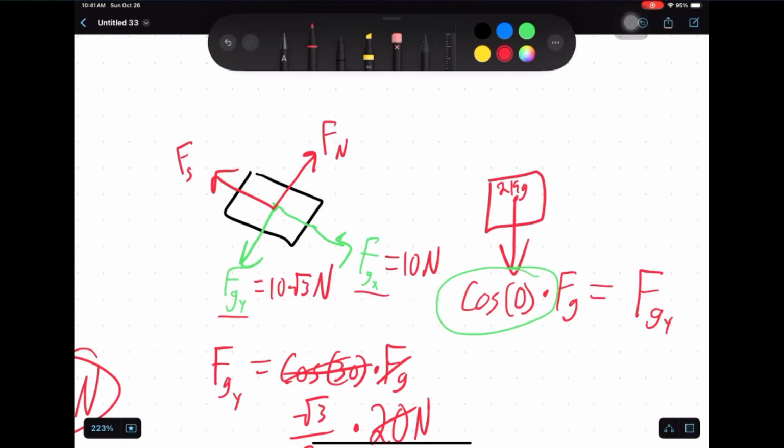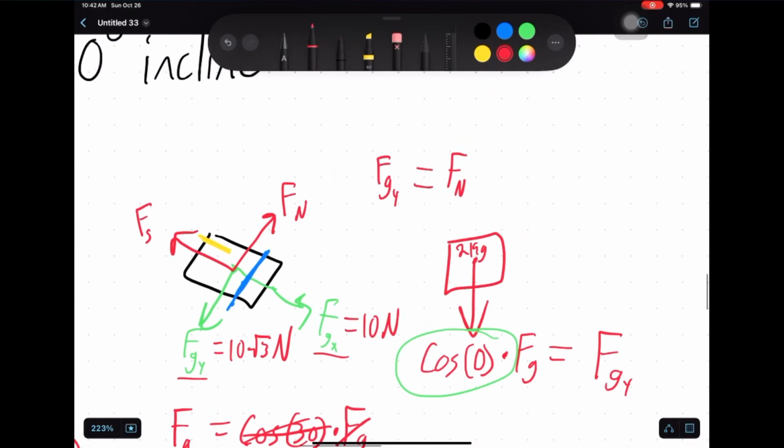Now, this makes our problem very simple because there are only 2 forces going on this axis, and there are only 2 forces going on this axis. It's going to make this extremely easy because these forces are going to balance out. So whatever the force of gravity in the y is, that's going to equal the force of normal.